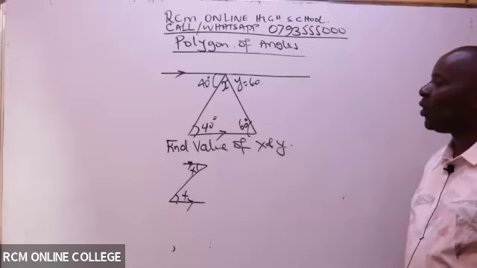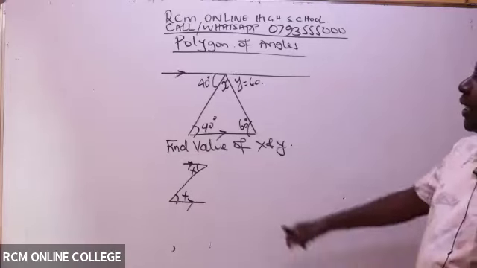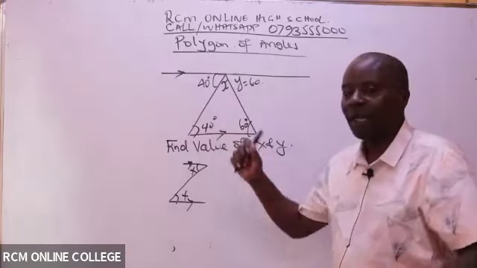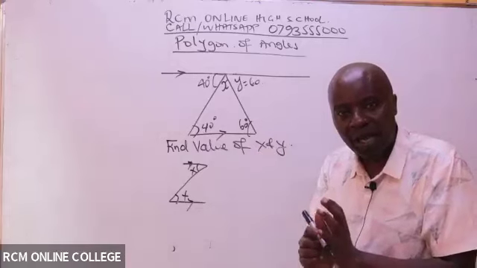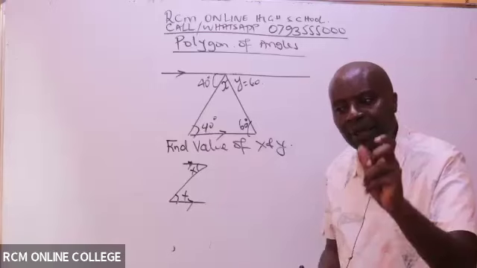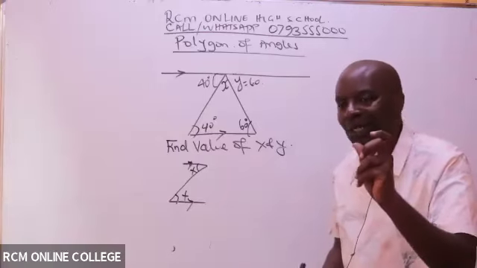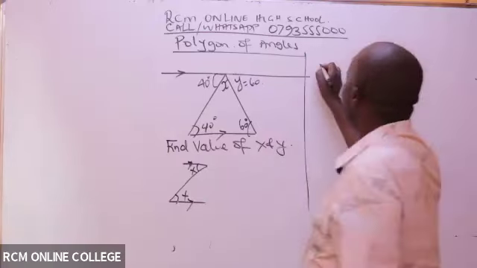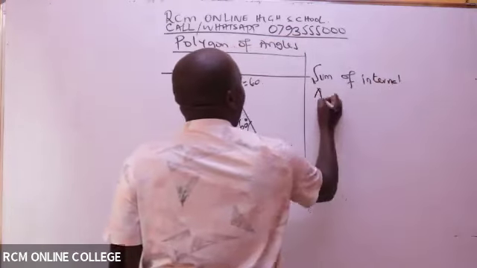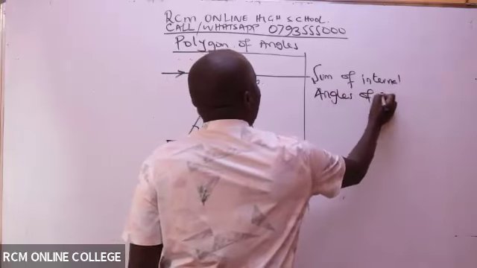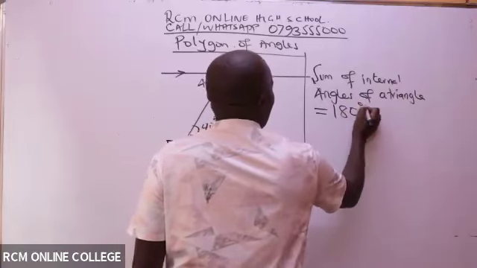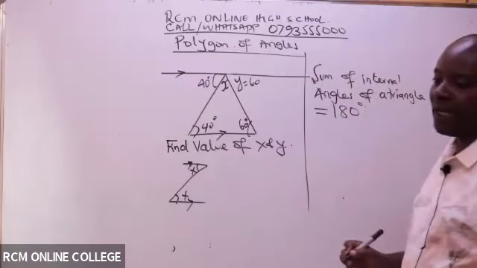All right. And having gotten that, then I can easily get X. I know that these three angles are internal angles of a triangle. And the sum of internal angles of a triangle will always be equal to 180 degrees.